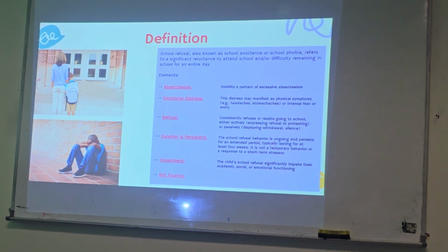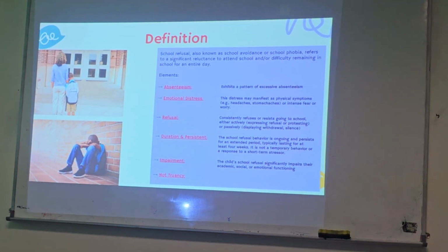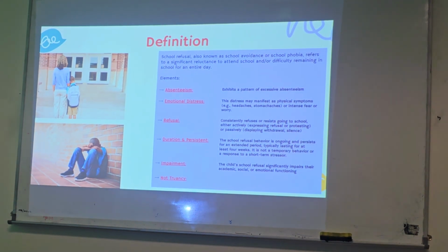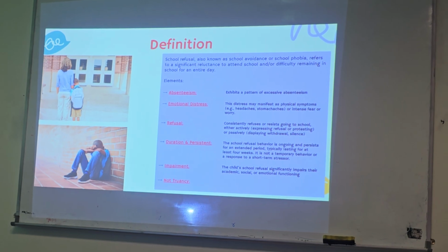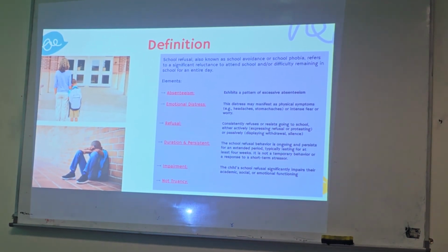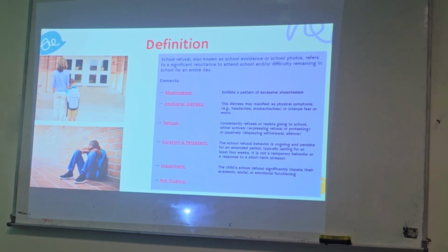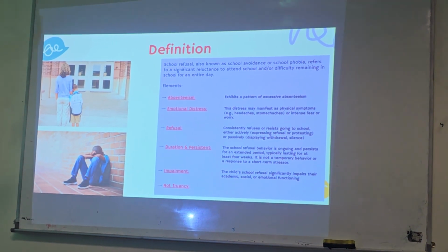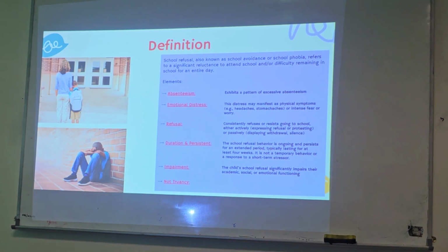This emotional distress, as you can see from the case, manifests as headaches and stomach aches, and the refusal is consistent. They persistently don't want to go, and they express it either actively or passively. In the case, there was active expression of refusal, like clinging to the father, but in some instances the patient presents with passive refusal, such as being withdrawn or silent.